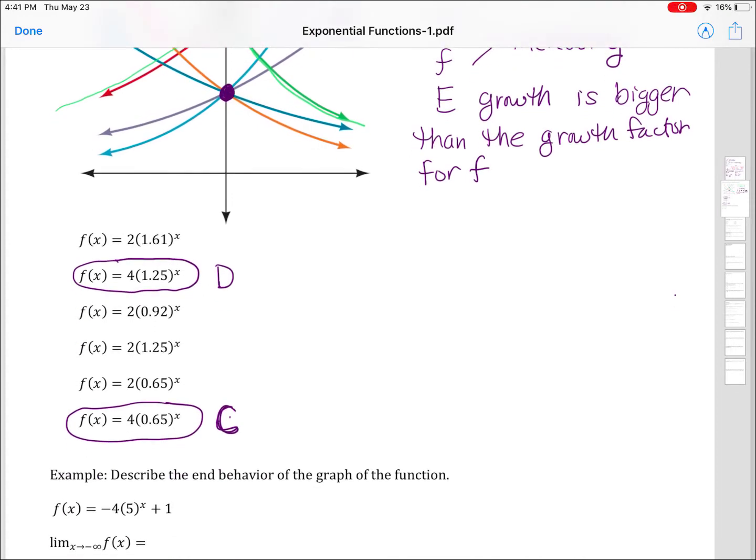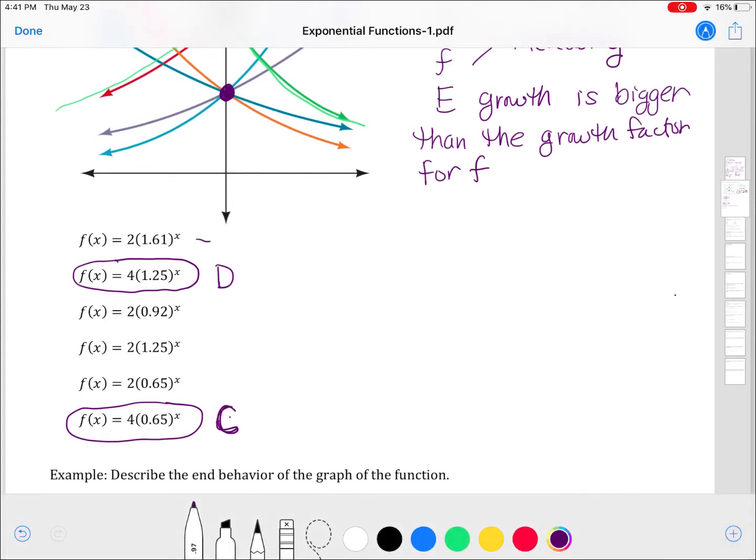So if you look, this one here, since it's bigger than 1, is going to be increasing. This one here is decreasing, so it's not this one because 0.92 is less than 1, so this is going to be decreasing. This is going to be increasing because it's greater than 1, the b is greater than 1. And this is going to be decreasing because my b, my growth factor, is less than 1.